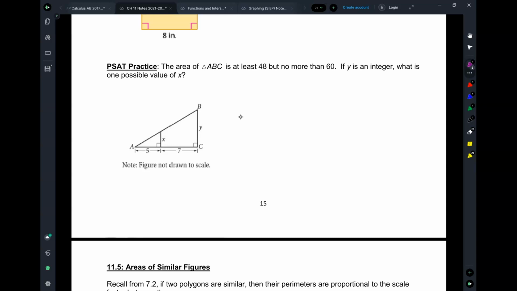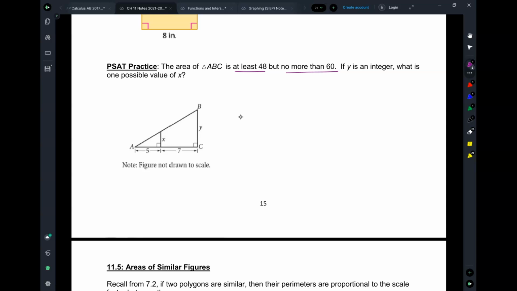So the area of triangle ABC is at least 48, but no more than 60. If y is an integer, what is one possible value of x? So first of all, forget about anything that we read here. If you just happen to be walking around and you saw that diagram on a wall or on a billboard, there should be one thing that pops into your head immediately.